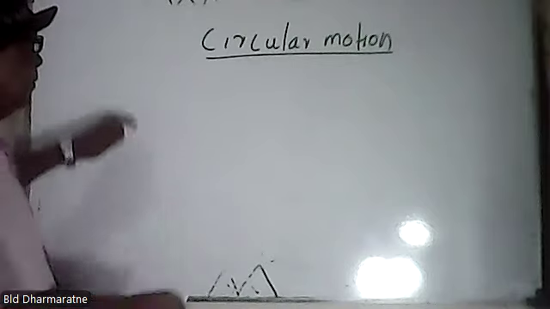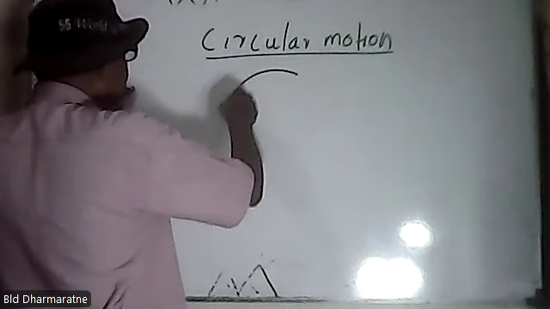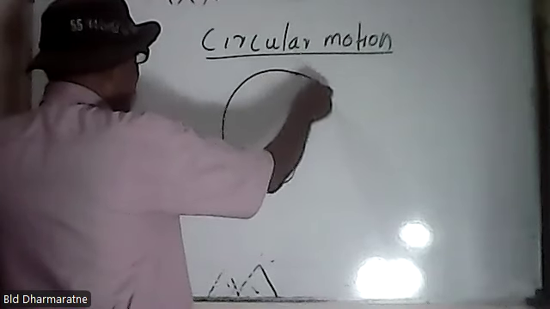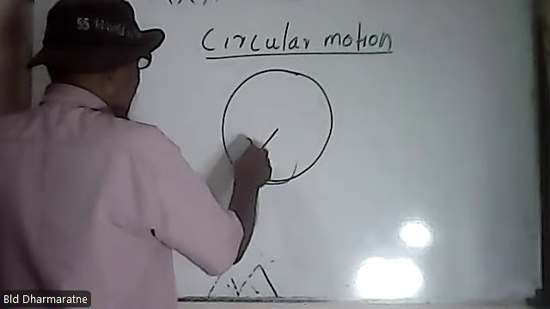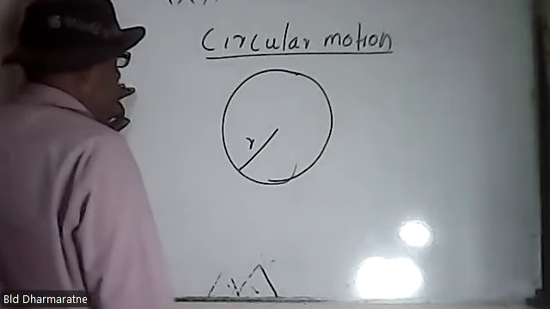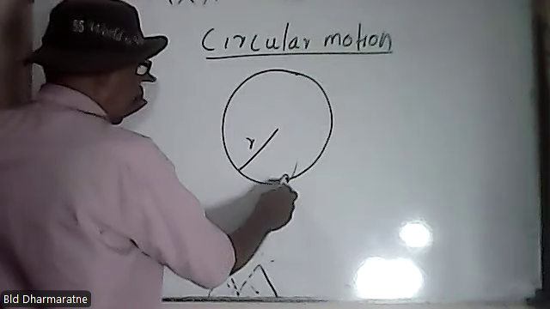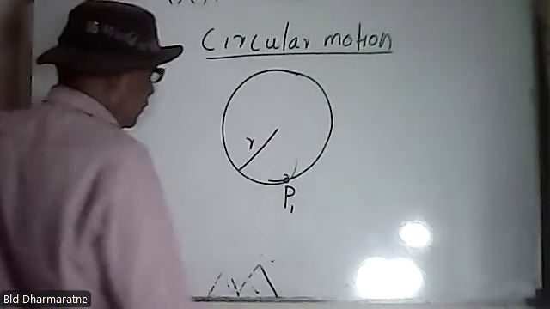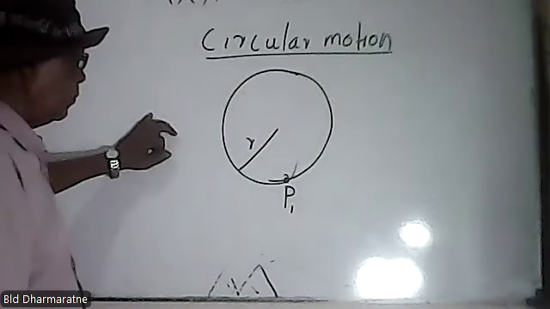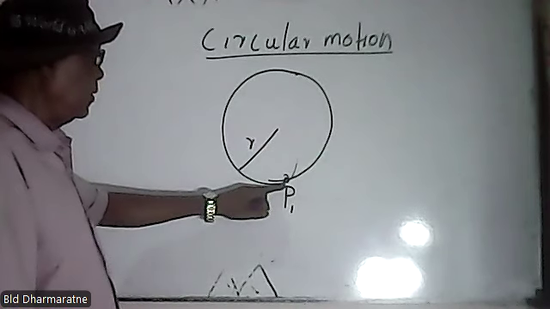Now here we consider a circle of radius R. One position here, P1, is the mass. The mass stays here at place 1, at t equals 0, the initial time.